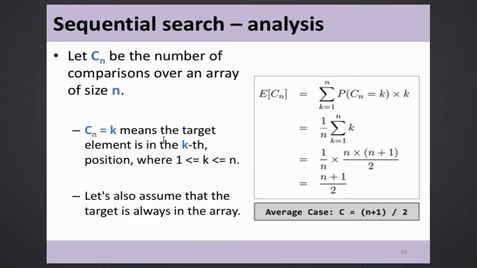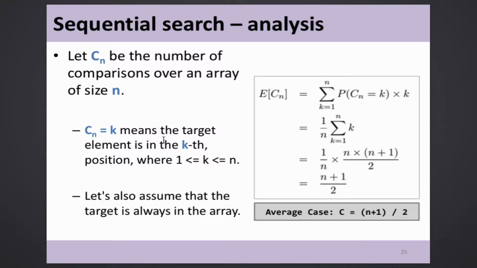If I select the numbers inside the array with a uniform distribution, it will always be 1 over n, right? So no matter Cn equal to k or Cn equal to k plus 1 or Cn equal to 1 or 2, they are all of the same probability. Okay? So when we compute the expected comparison, that is E[Cn].